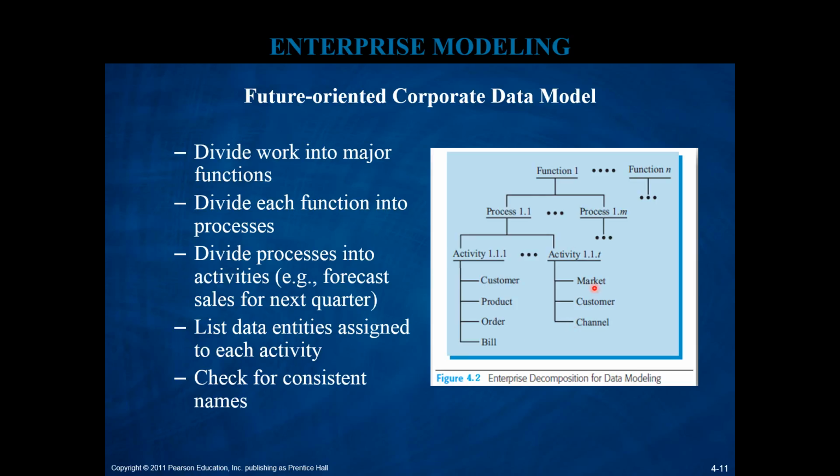Sometimes it can be aggregated by looking at various activities and trying to find something in common. For example, one thing in common between those two activities is the necessity to keep track of information about customers. And this is how this general entity called customer is derived based on the enterprise modeling approach. So it's like a top-to-bottom approach. You start from general and then you get down to specifics.